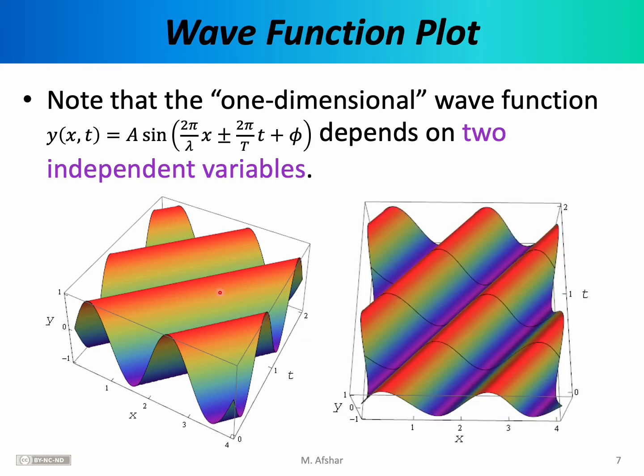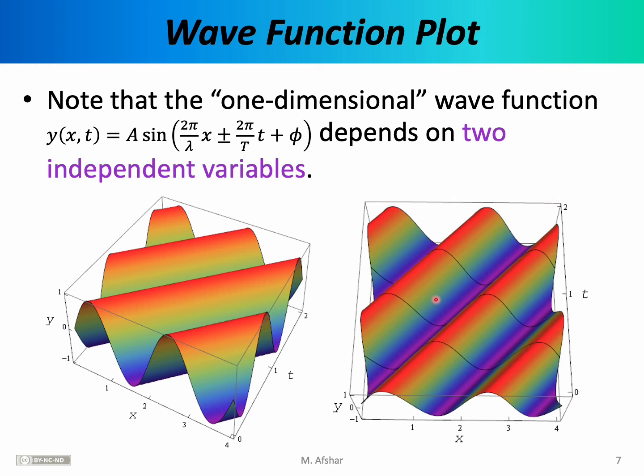If you rotate the same graph and orient it so that the x-axis is horizontal like this, then you can basically see what snapshots or pictures of the wave would look like at different times. So each one of these lines or each cross-section of this surface would give us a picture of the wave at particular times along its evolution.